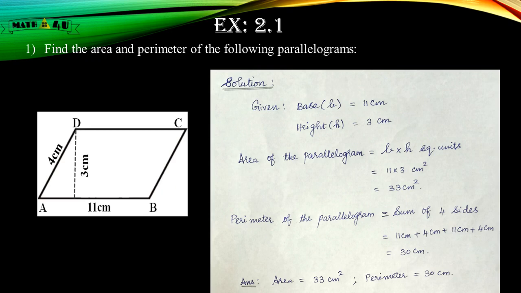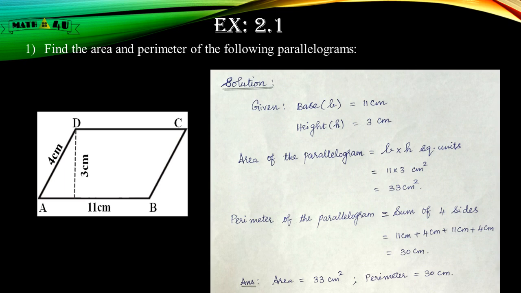Exercise 2.1. Find the area and perimeter of the following parallelograms. Look at the first diagram. You are asked to find the area and perimeter for this diagram. For finding the area, you must know the base and height of the parallelogram. The base of the parallelogram is 11 centimeter and the height is 3 centimeter.